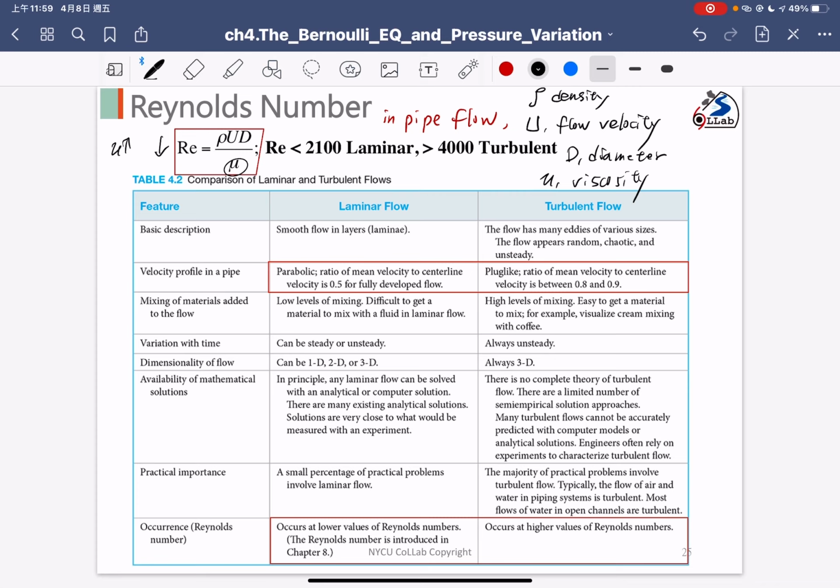And if the flow speed is too high, the Reynolds number will increase a lot, and the laminar flow will move to turbulent flow. So that means the turbulent flow is unstable compared to the laminar flow. Laminar flow in Chinese is called 层流, and turbulent flow is called 湍流. Turbulent flow is a relatively unstable state. Okay, so that's the idea of how we can distinguish the flow conditions.